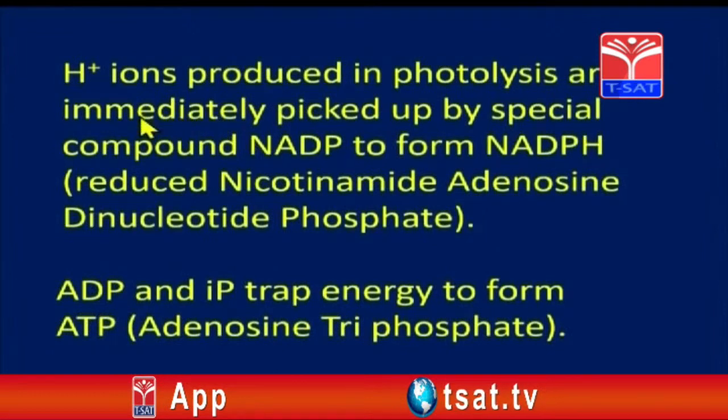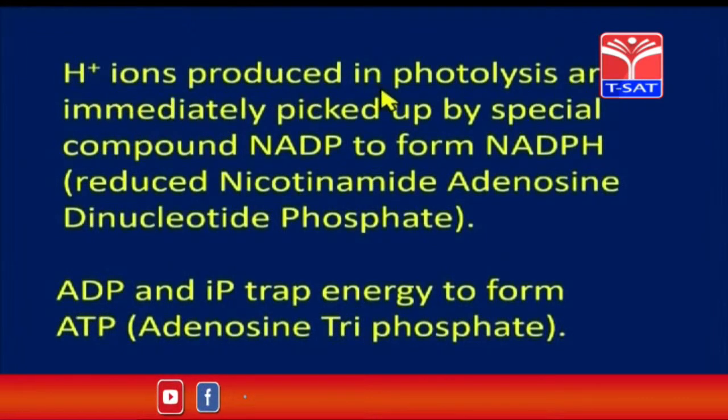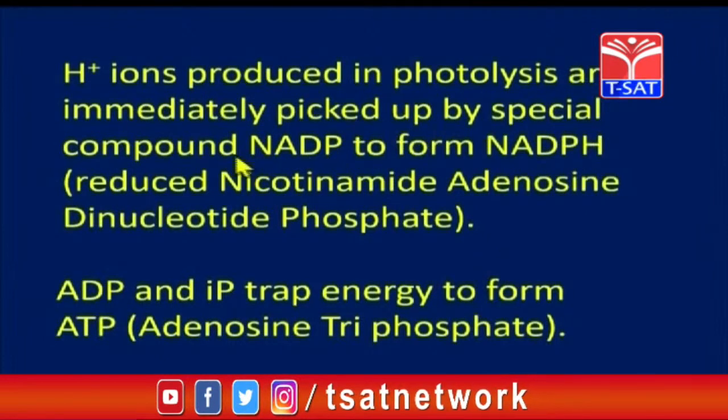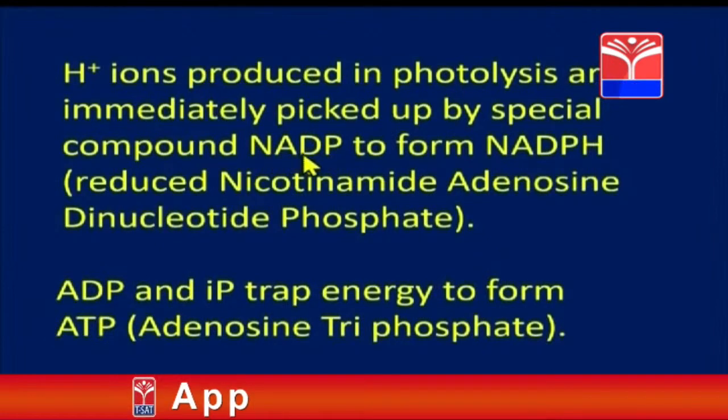H plus ions. The H plus ions produced in photolysis are immediately picked up by a special compound, NADP. Now, this is a term which you are coming across for the first time. What is NADP? The NADP full form is nicotinamide adenine dinucleotide phosphate.